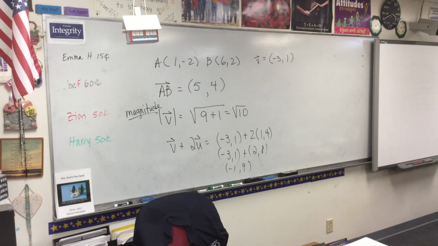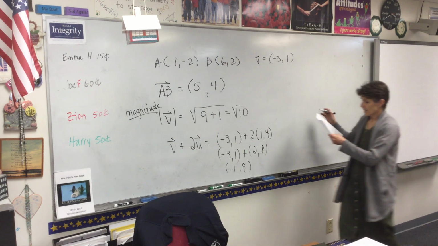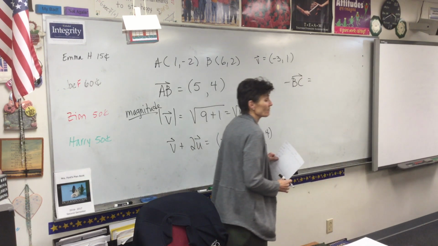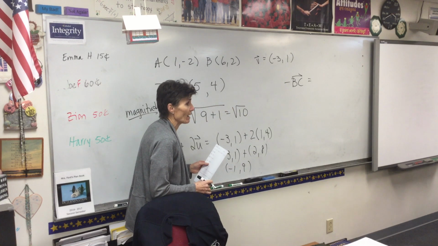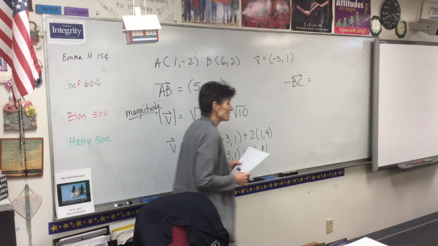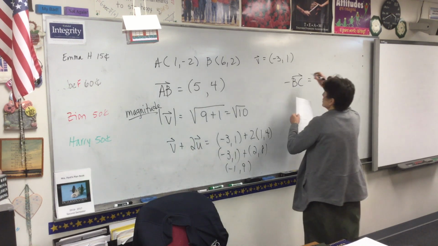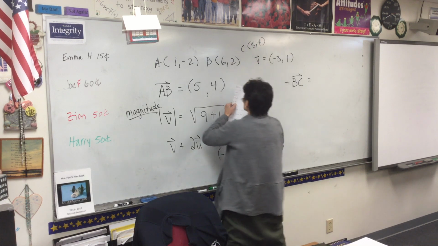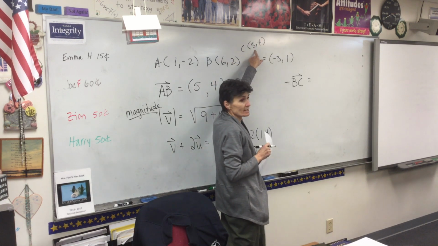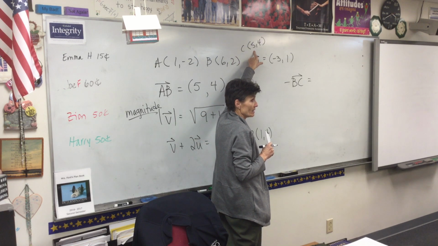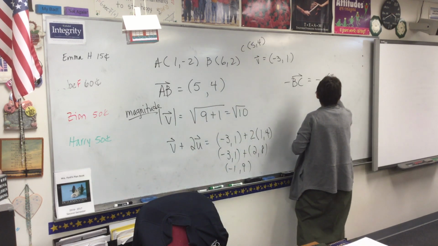Okay, now we have this. Now, what is the first thing we're going to have to figure out? BC. What is vector BC? BC is the vector from B to C. So, we're going from B to C. So, that would be -1.